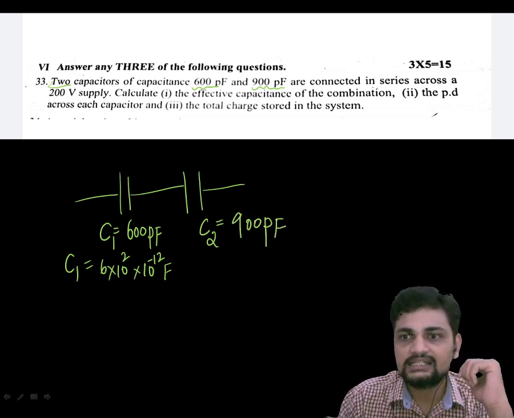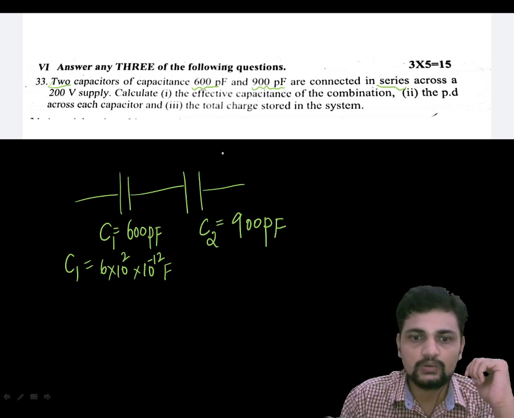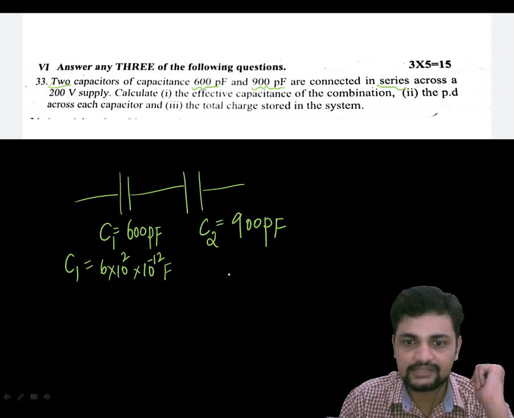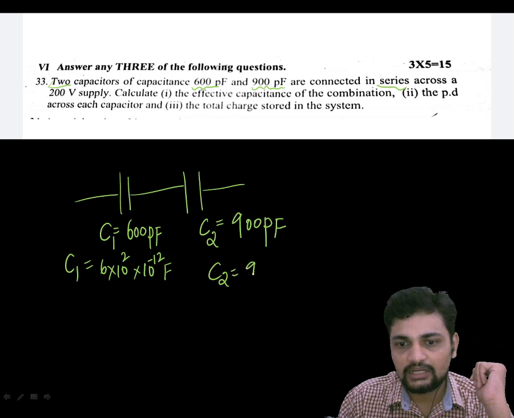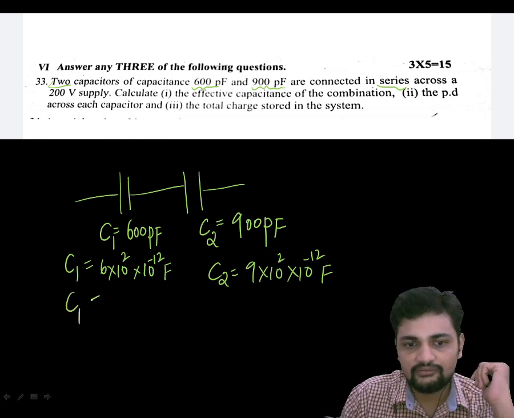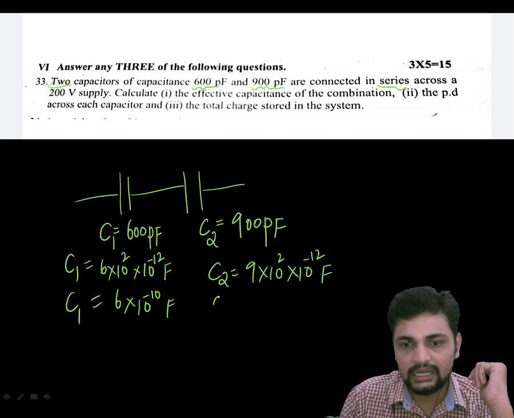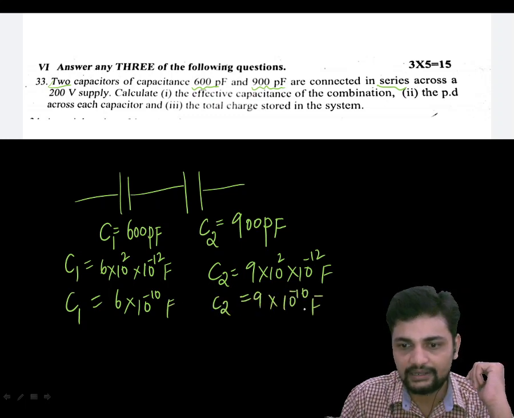Since they are connected in series, this is how one after another you need to connect in series. Now 900 can be written as 9 into 10 power 2, and pico is 10 power minus 12. So if you solve this further, C1 is 6 into 10 power minus 10 and C2 is 9 into 10 power minus 10 farad.